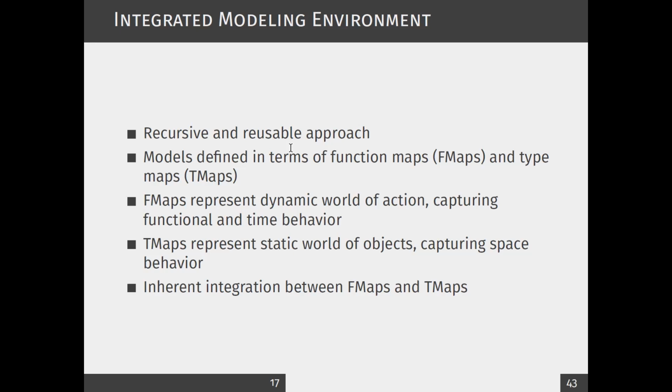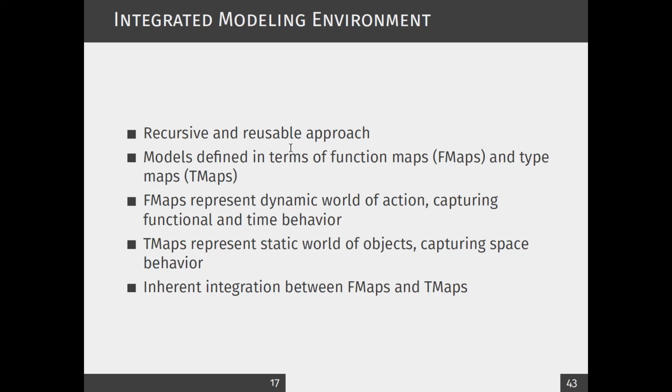The models that we define use something called functional maps, in short F maps. The other one we call type maps, or T maps. These two represent two different things.